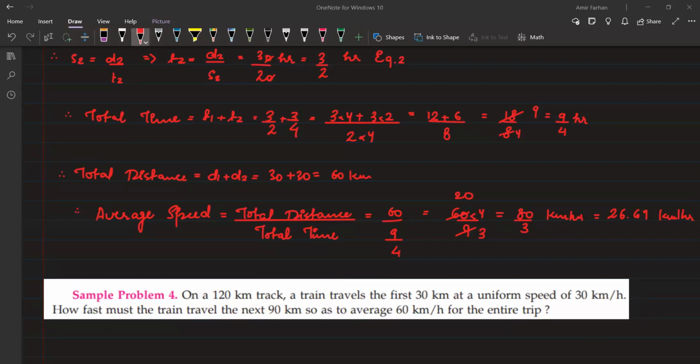Yes, average speed is given. Try it at least.